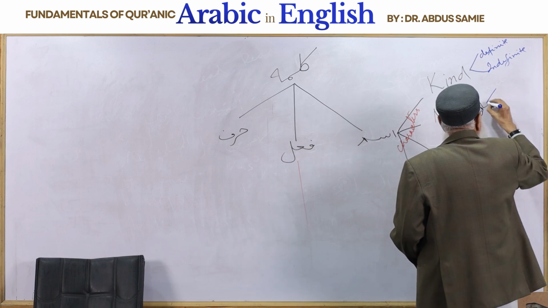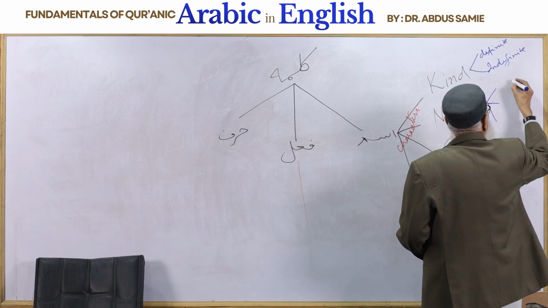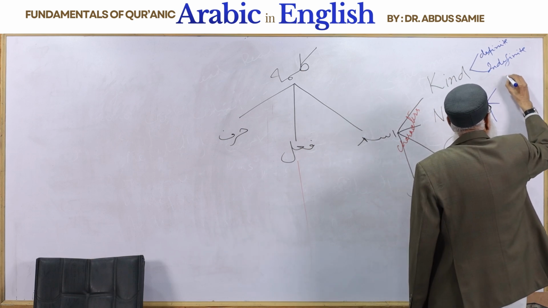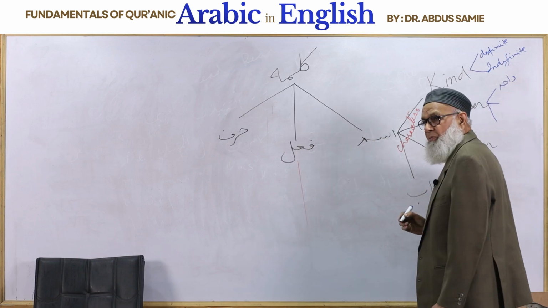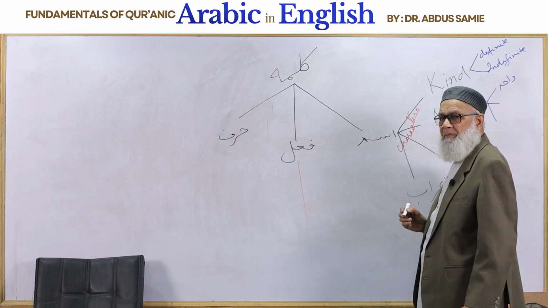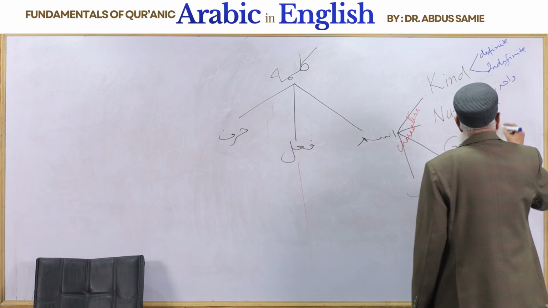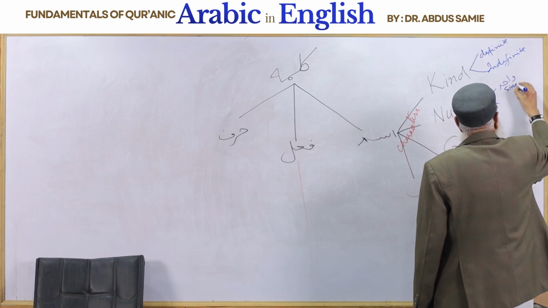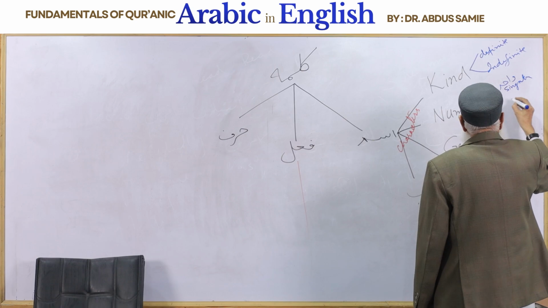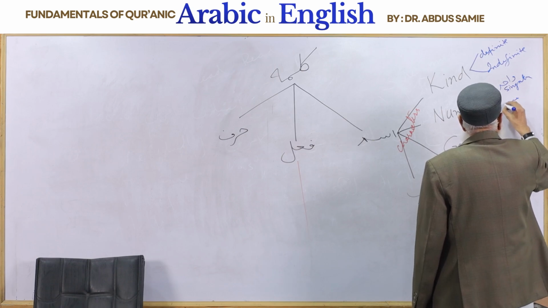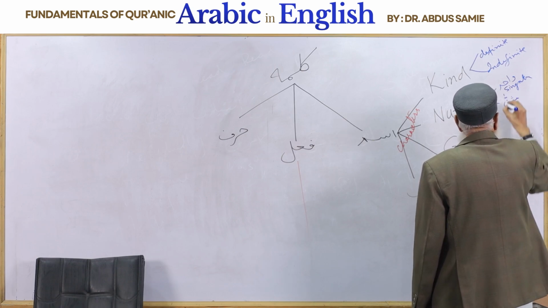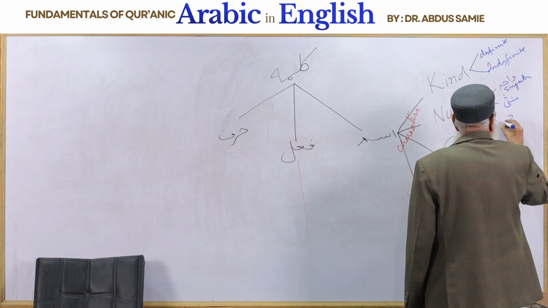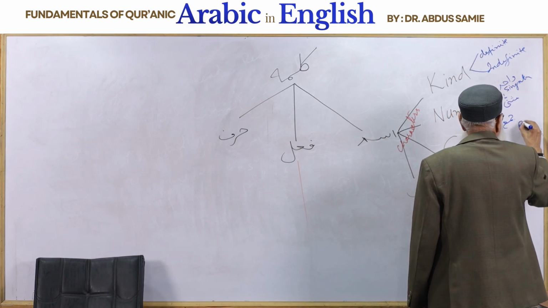Number, three types: Wahid, singular; Muthanna; and jama, plural.